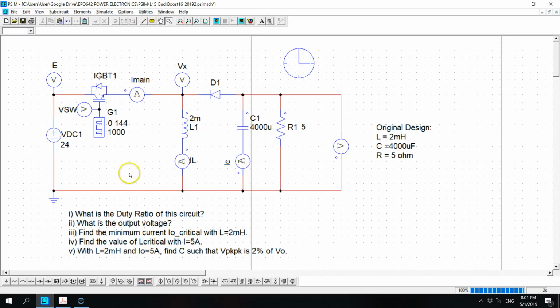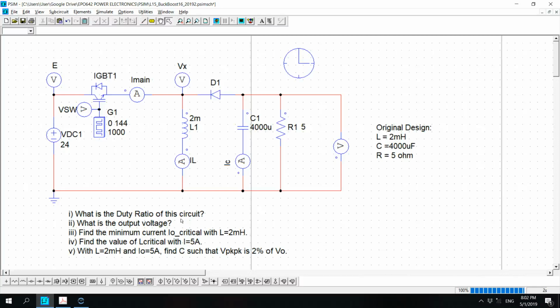So we need to determine the output voltage, and then the peak to peak voltage, delta V naught, will be 2% of that V out. Can you quickly do that? I will give you about 5 minutes. You need to use the I naught critical and L critical equations, then the output voltage equations, and finally the delta V naught equations.